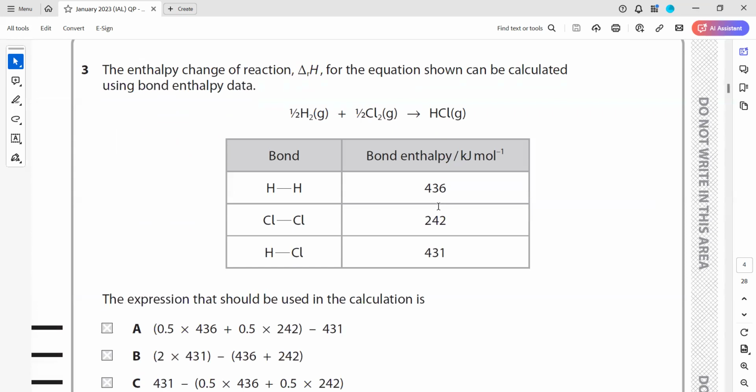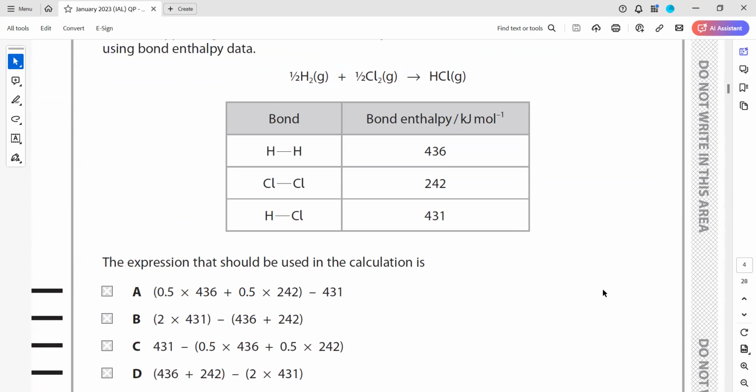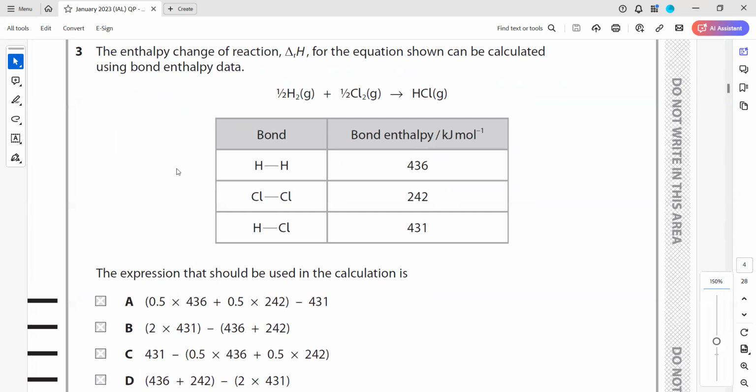The enthalpy change of a reaction can be shown by calculation using bond enthalpy. It's always bond breaking minus bond forming that will give us the enthalpy change. So we have hydrogen, this is the bond breaking side. This one is the bond forming. Hydrogen-hydrogen is 436, but it is half, so 436 multiplied by 0.5.